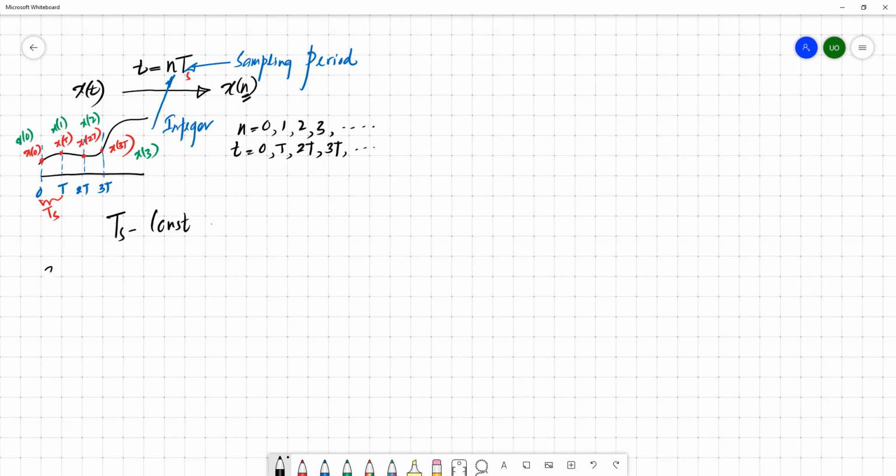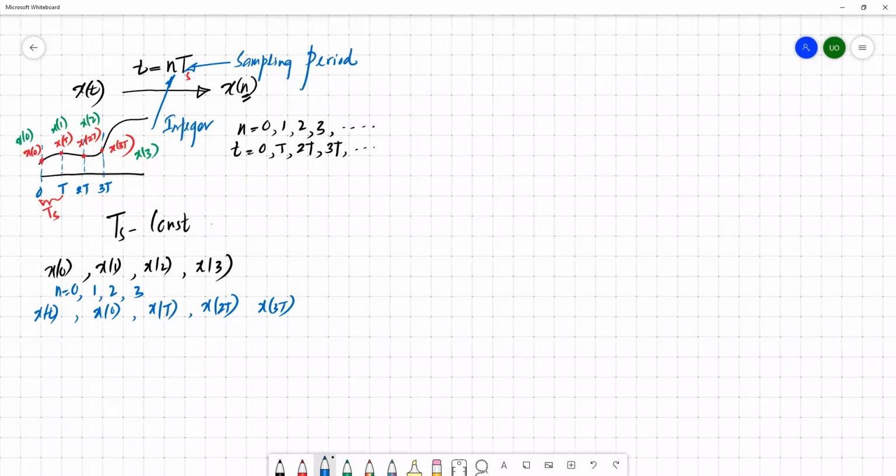Then we have x[0], x[1], x[2], x[3] and so on. These are the values of n: n equals 0, 1, 2 and 3. If you map it to x(t), we capture x(0), x(T), x(2T) and x(3T).